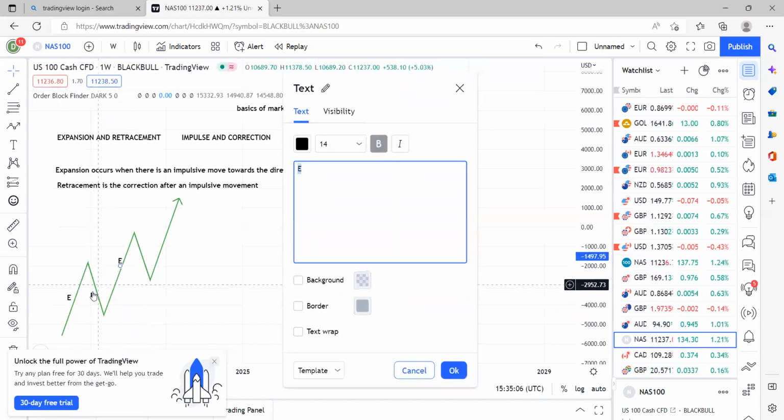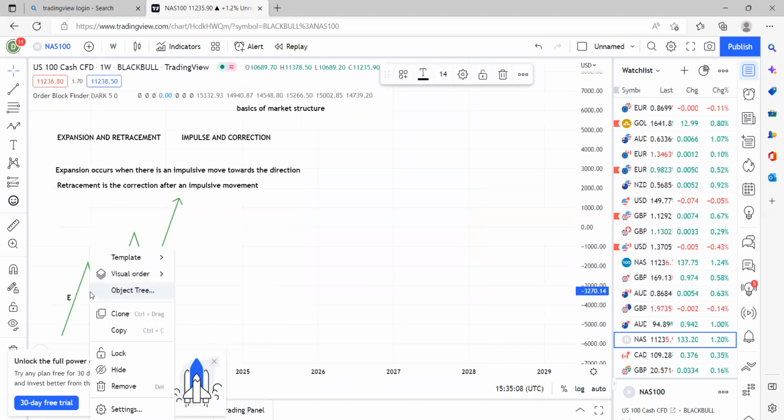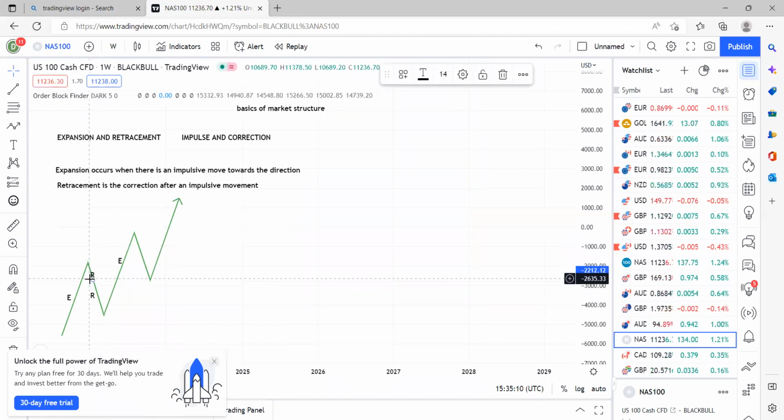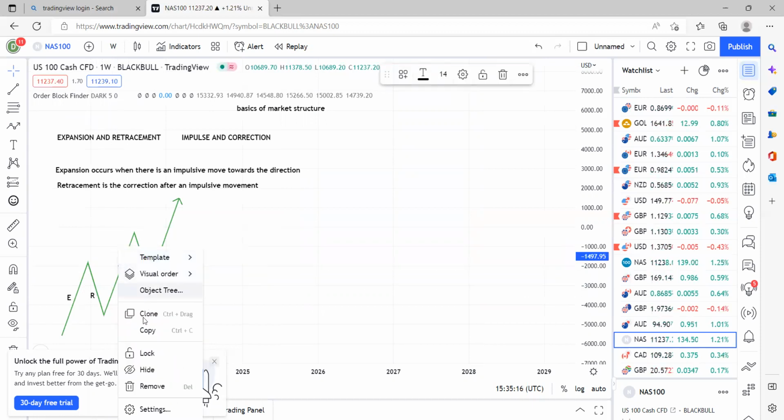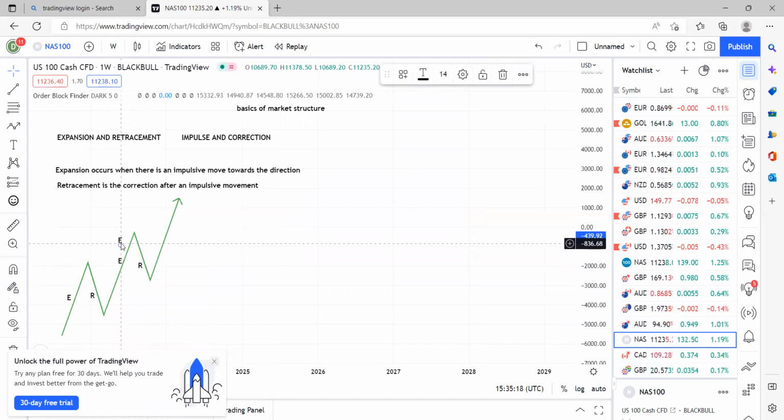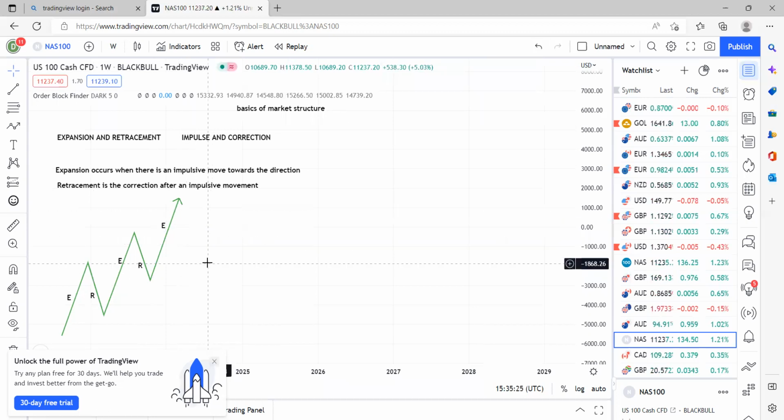Expansion. Retracement. Expansion. And we anticipate the retracement.